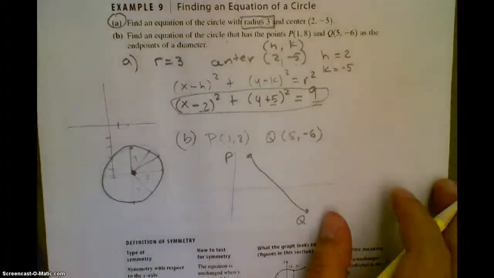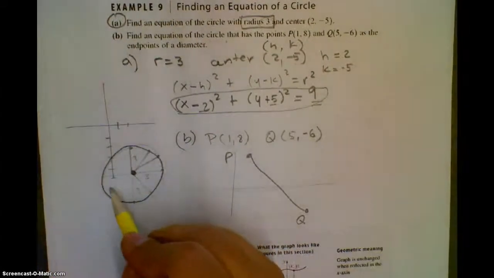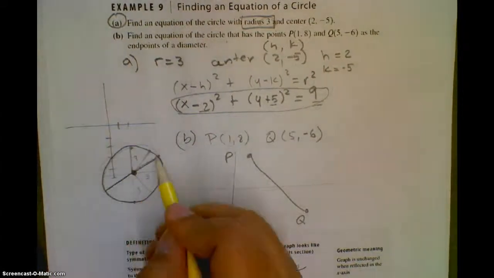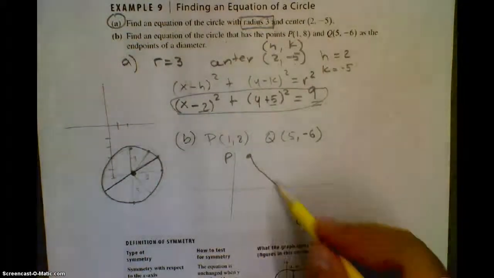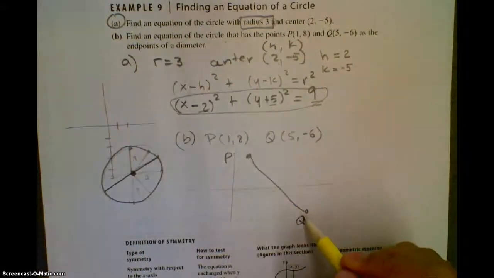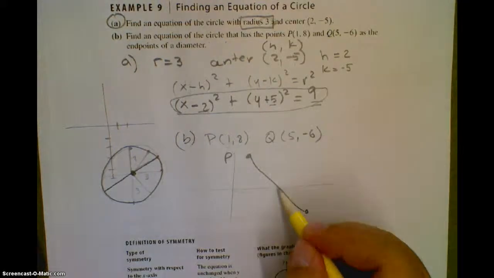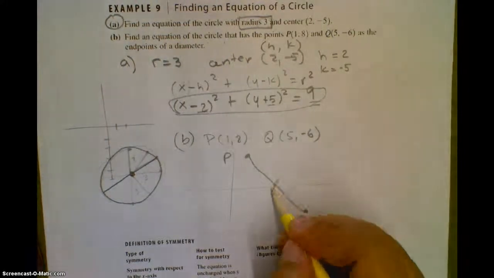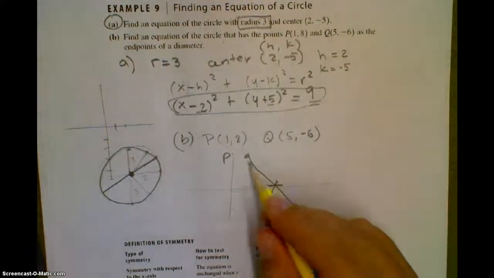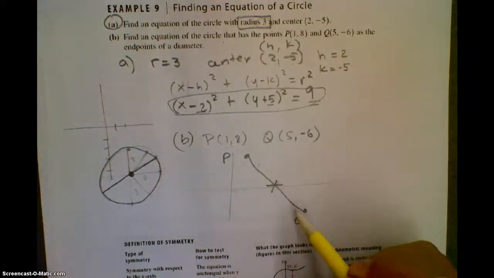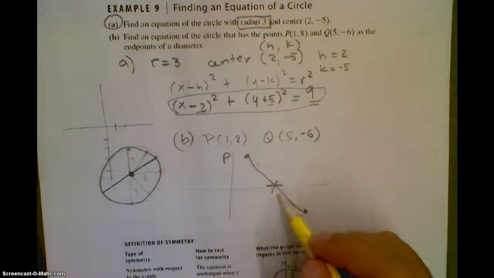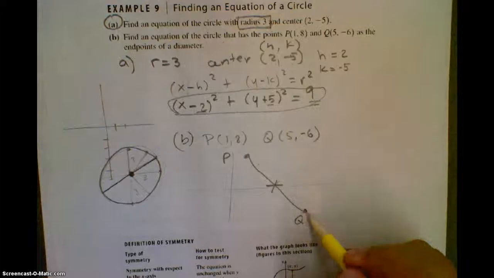So let's just remember what diameter is. Diameter is any segment that goes through the center of a circle, okay? So I know that the center is going to be somewhere in here. But not only that, I know the center is going to be in the middle of this segment. So the only thing I have to find is where the center is by finding the middle of this segment.